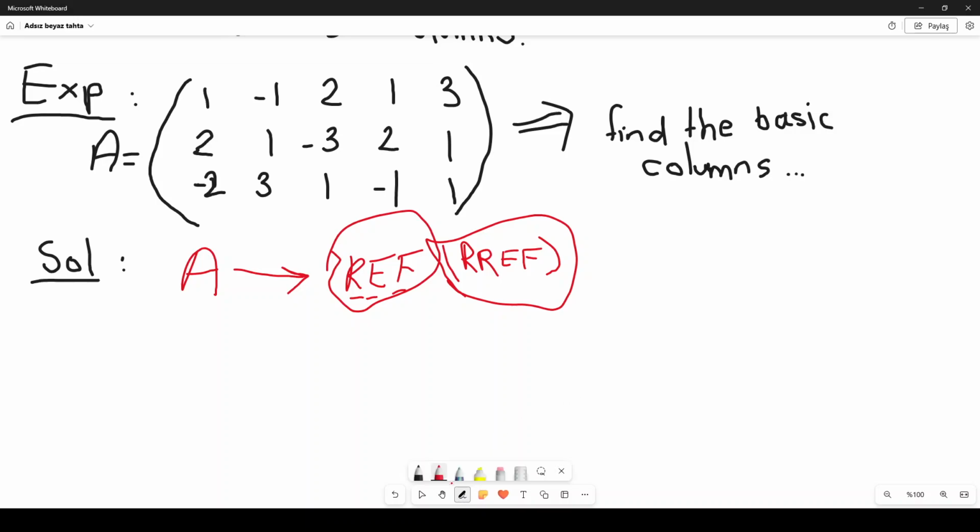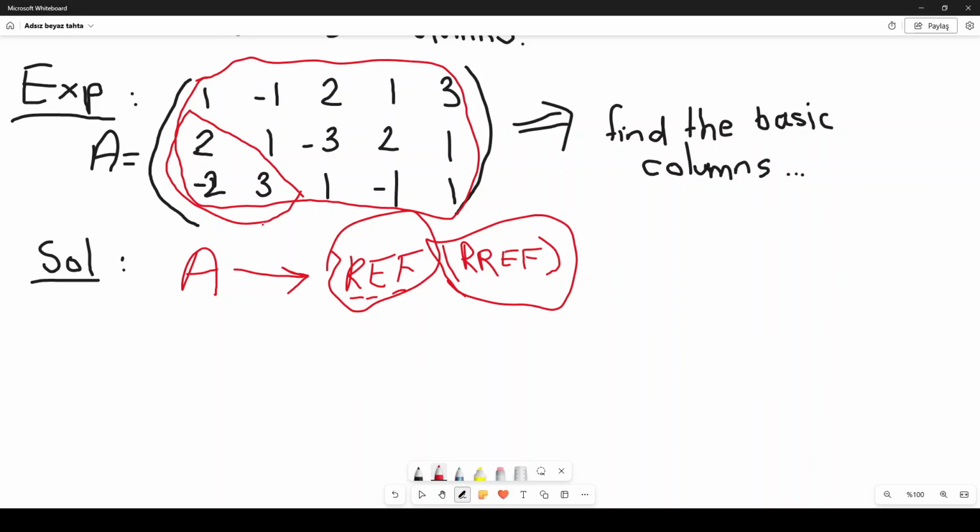As you notice, the matrix given in the first place is not in the reduced row echelon form. Why is that? If we simply remember the definition of what a reduced row echelon form is, first of all, it needs to be in the row echelon form. In other words, we need to have a strictly increasing number of zeros starting from the top most row to the bottom row, right? So you see there is no zero values here, so we need to arrange them first of all.